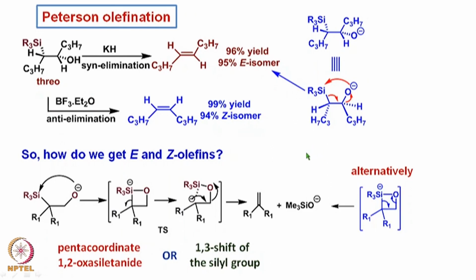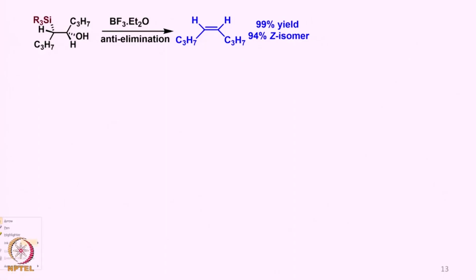Now how does the BF3 etherate lead to the formation of the Z isomer? That we now need to understand. What is happening in this case is that we need an anti-elimination to take place.